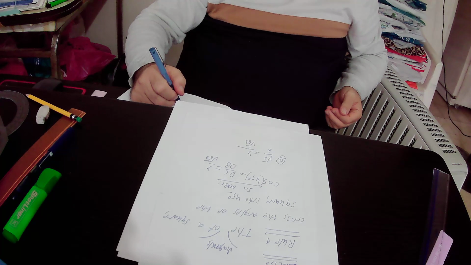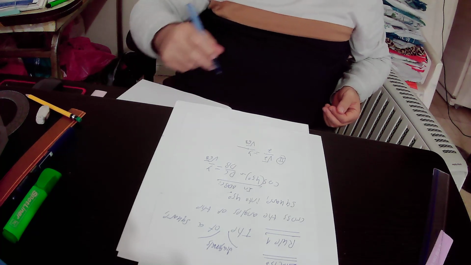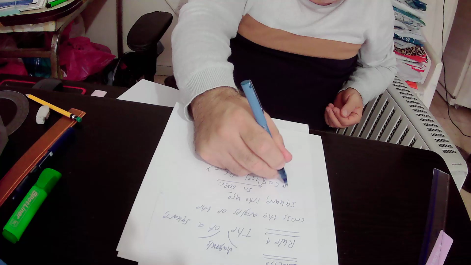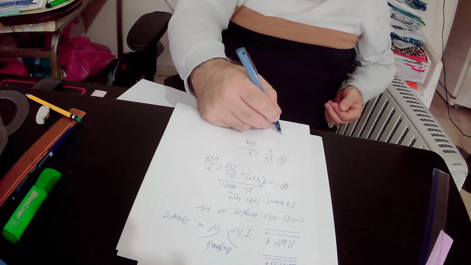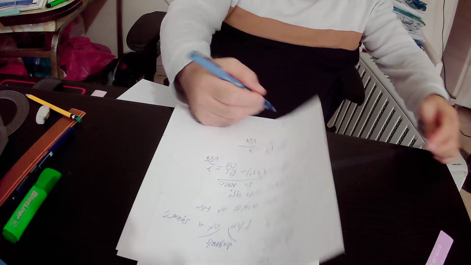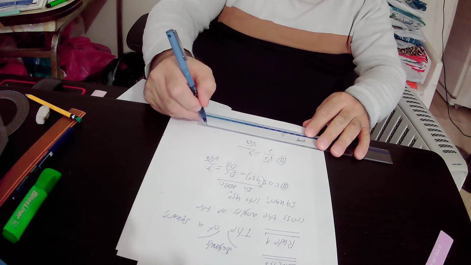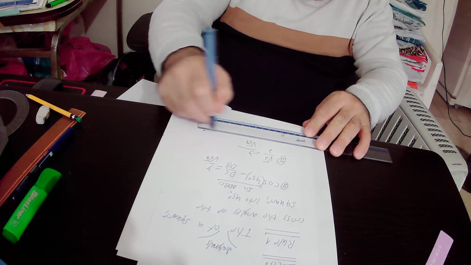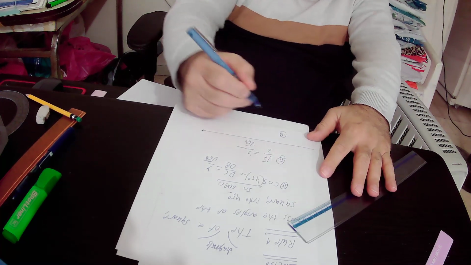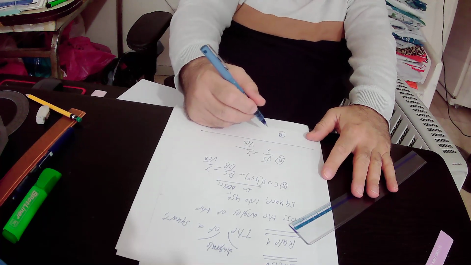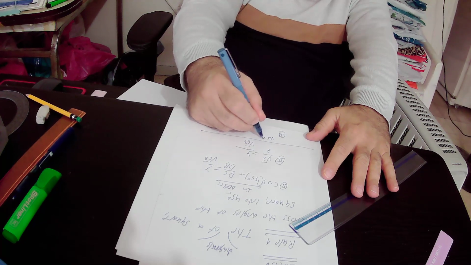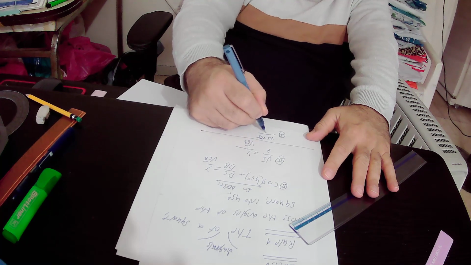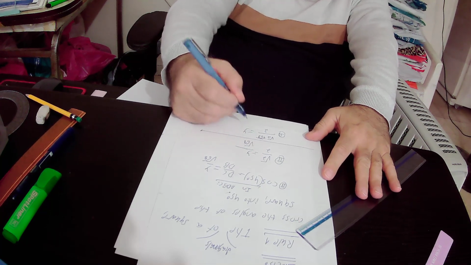So here we'll multiply equation number 2 by the square root of 68, and we'll get that square root of 2 times square root of 68 over 2 equals y.